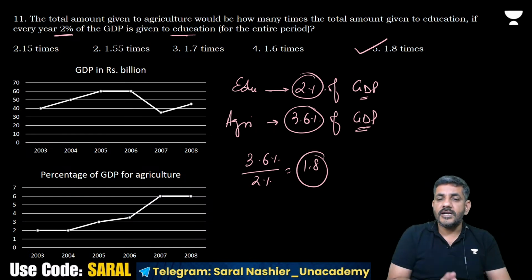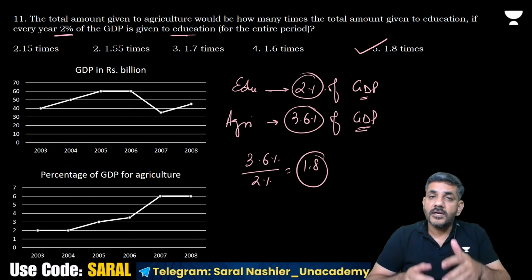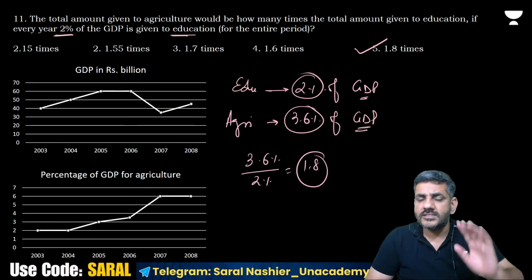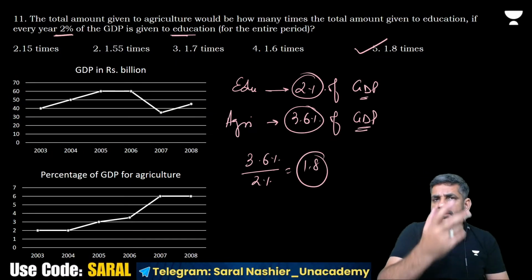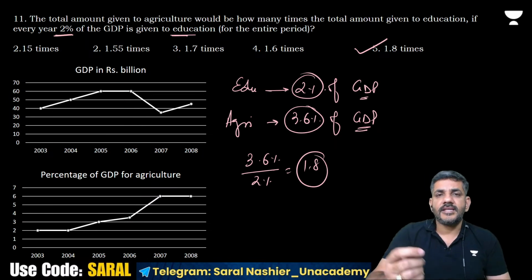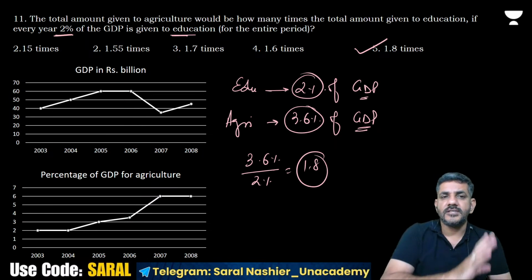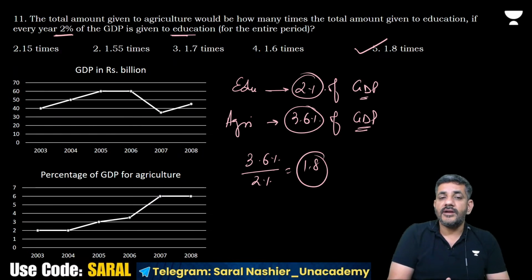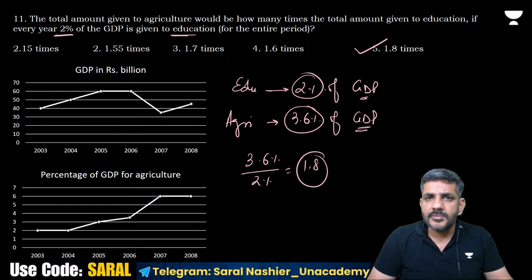Rather than calculating the exact value, what is 2% of the total GDP, and then calculating the total GDP of agriculture, and then finding out the relation between them, straight away through the percentages I can answer this: agriculture is 3.6% of GDP and education is 2% of GDP. So 3.6 is how many times of 2? It is 1.8 times. And can we do this in percentages?